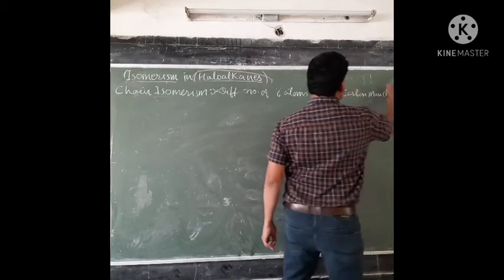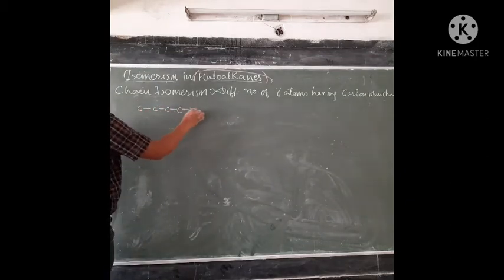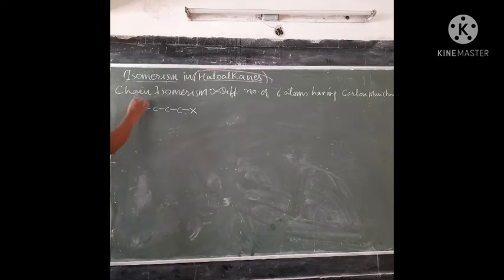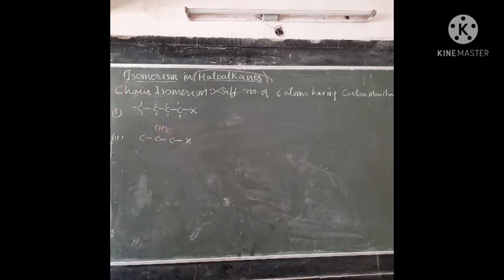So how to write it? 1, 2, 3 and 4, and this is X. This becomes one of the compounds, and the second compound we can write here having 3 carbon atoms in the carbon main chain, but one of the carbon atoms is present as a substituent, and this is halogen.